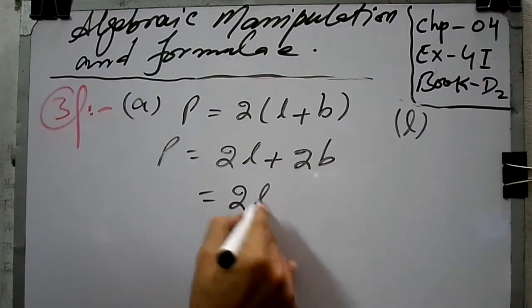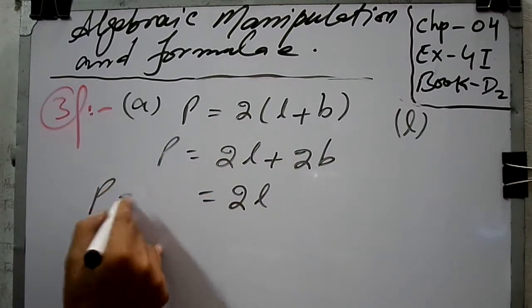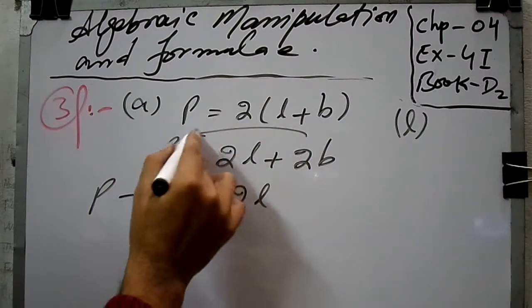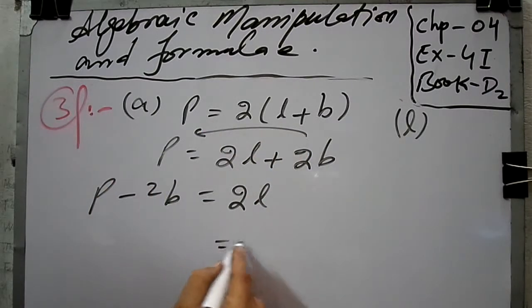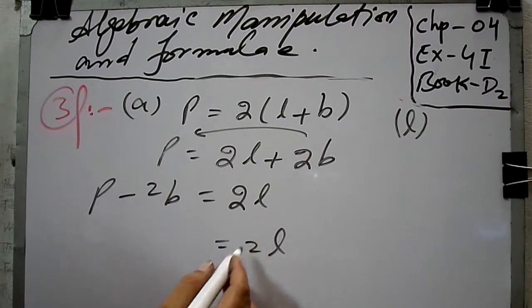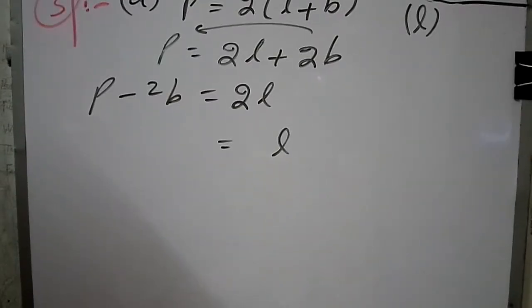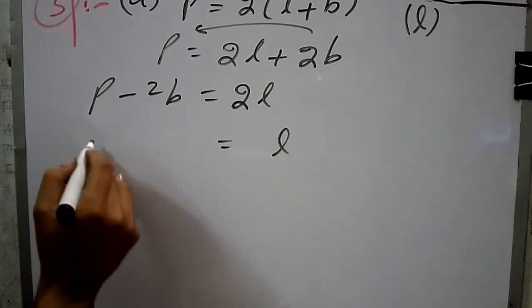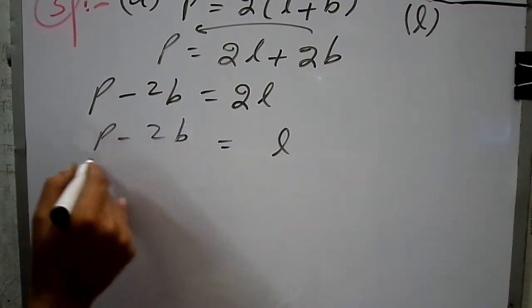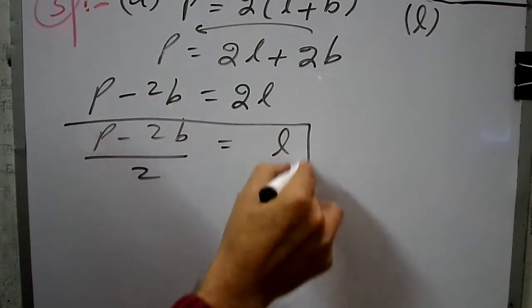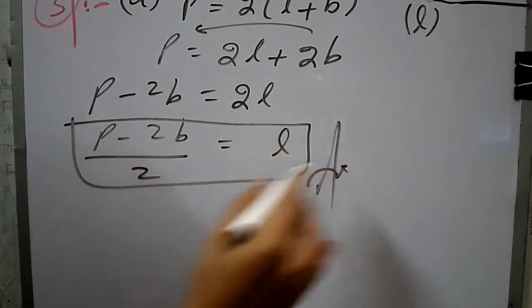You need L, so shift here P minus 2B. So you will get 2L, but you need the value of L. You can say that 2 will be divided, P minus 2B divided by 2. So L you have made as a subject.